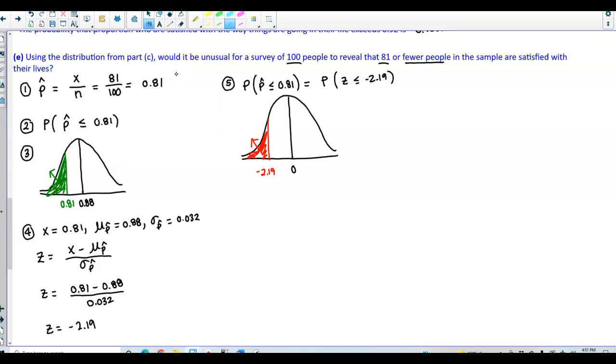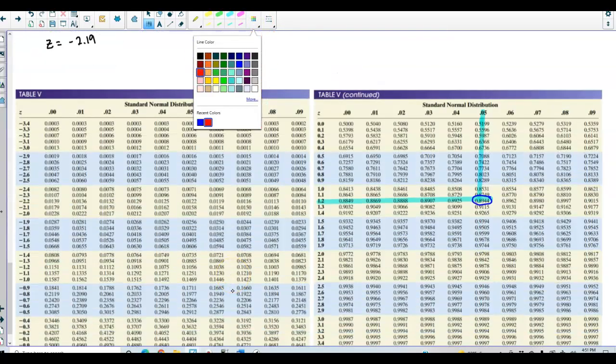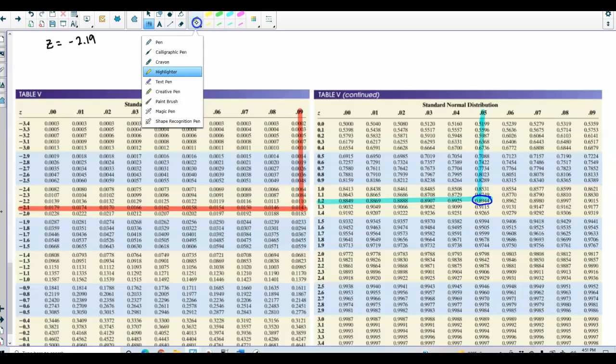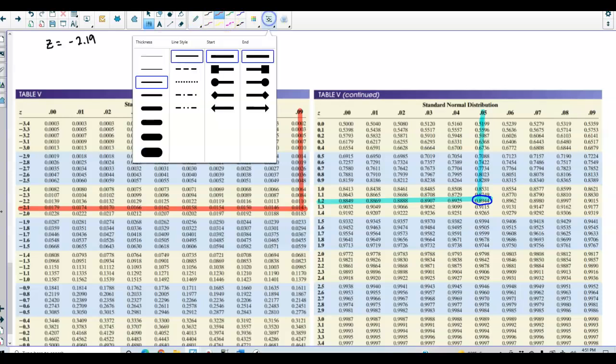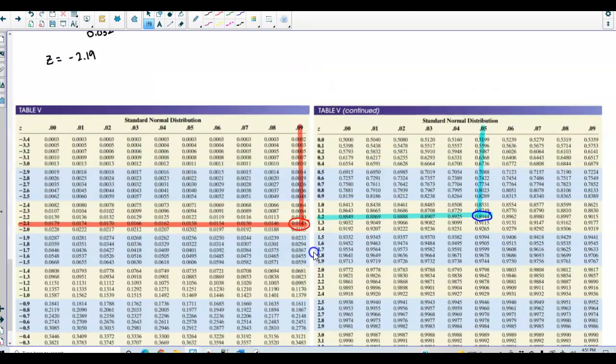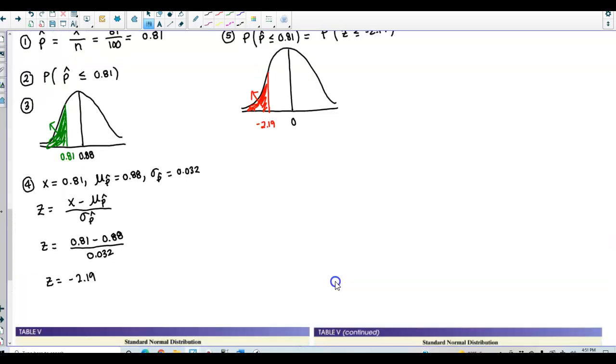So let's go ahead and do that. So looking at our table, negative 2.19 gives us the following area, which is 0.1043.